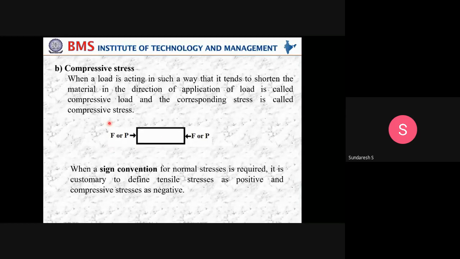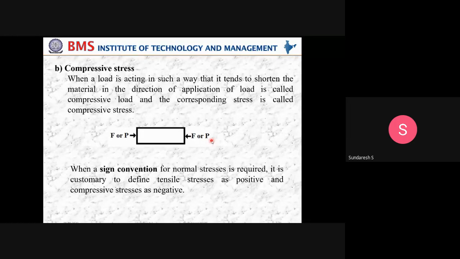Now, what is the effect of compressive loading? The effect of compressive loading is to contract or shorten the length of the member. Just imagine, when you apply two forces acting towards each other, the length of the member will definitely decrease.